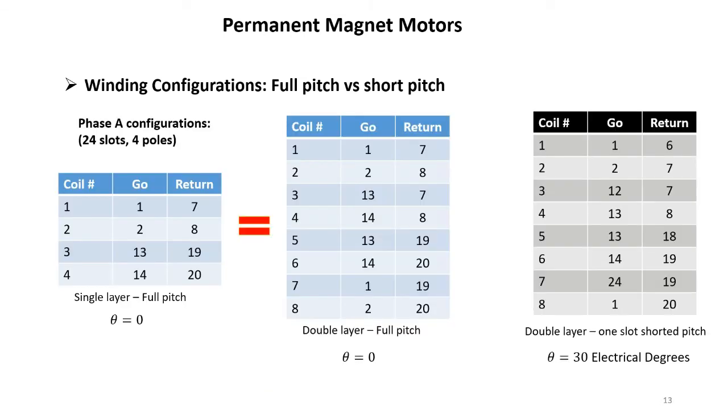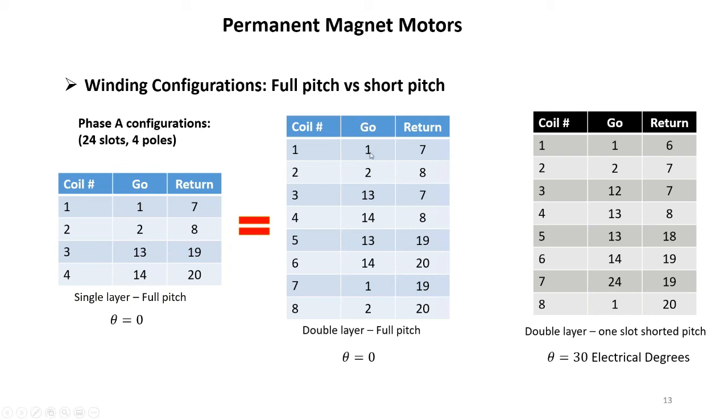So what we did, we had a single layer full pitch, which is theta 0, and this can be interpreted as double layer full pitch, both of them almost the same, against the double layer one slot short pitch. You can see what's the difference.